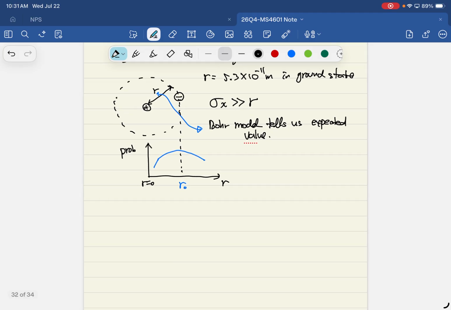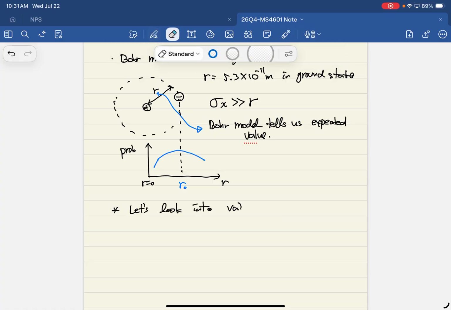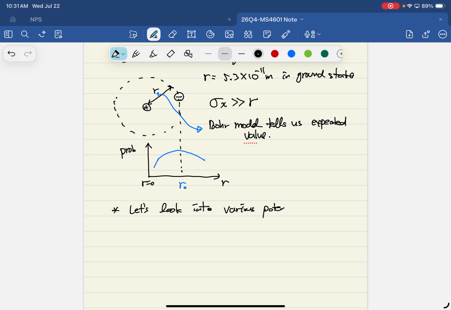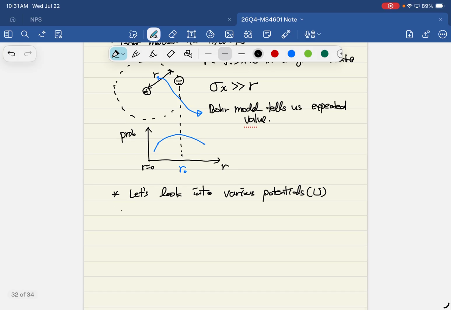Now let's look into various potentials, U, and see how these potentials affect the solution of the Schrödinger equation. First, we are going to look at the free particle.